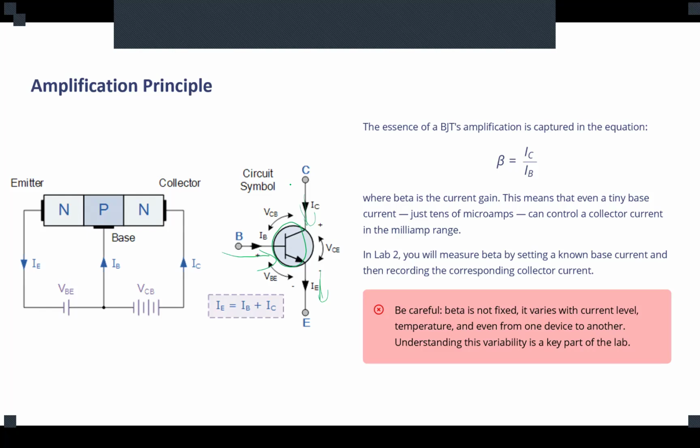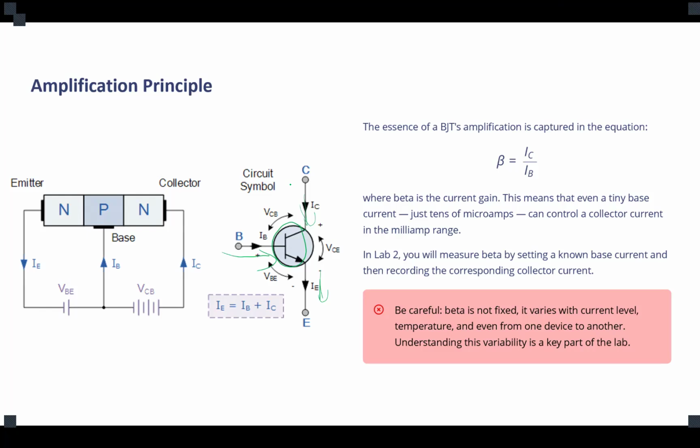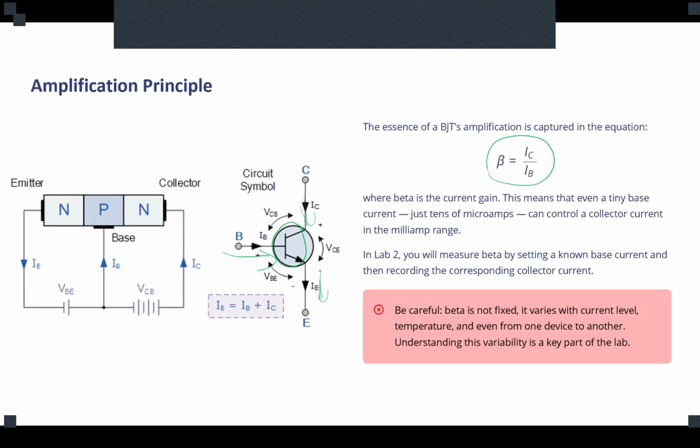Is that clear? So now we know that the collector current has a relation to the base current, and it is beta IB. So what happened to the emitter current? The emitter current is (1 plus beta) times the base current.